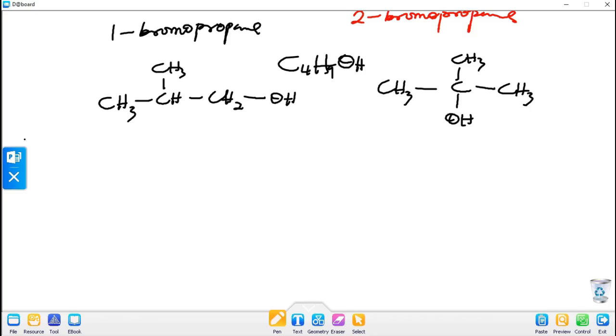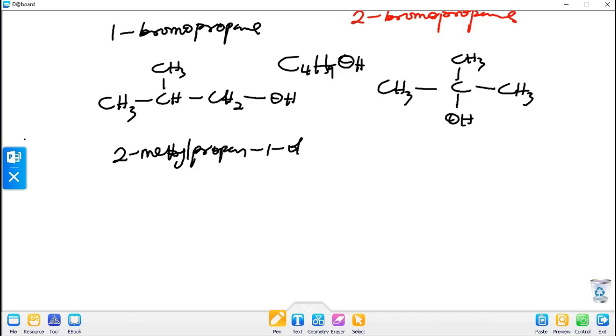That is what they have. So looking at it, this is called 2-methyl propan 1-ol. 2-methyl propanol or 2-methyl propan 1-ol.